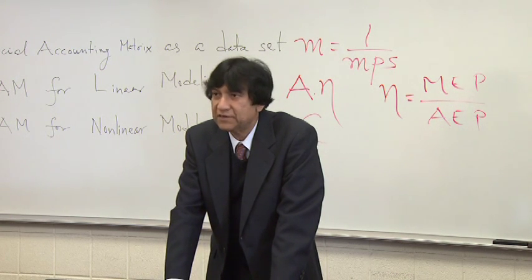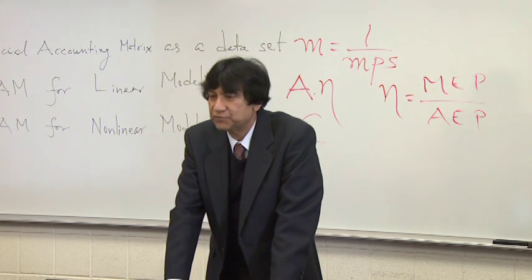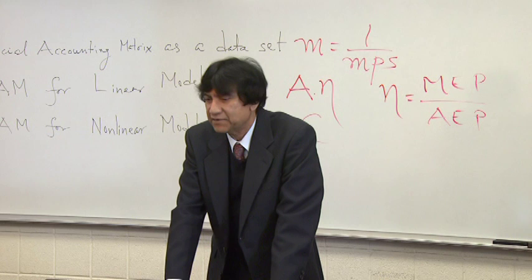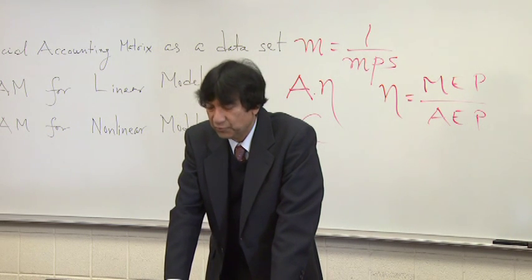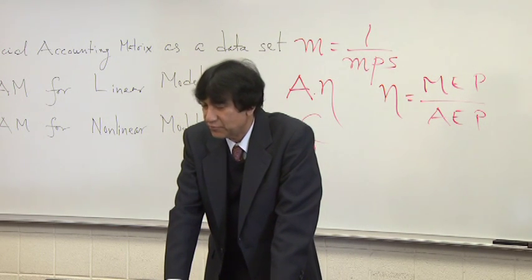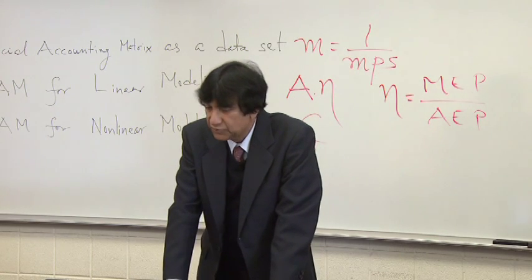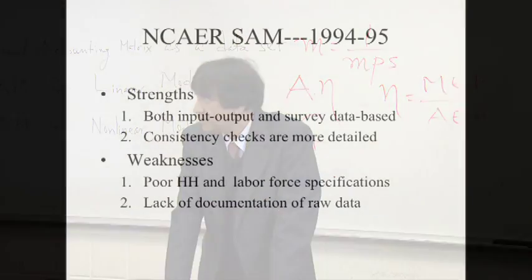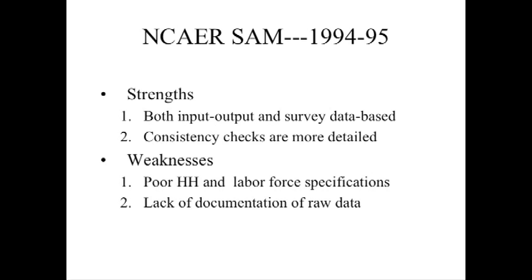In fact, Indian statistical offices were set up even before independence, but after independence, they had some really brilliant and competent people who managed these databases and extended them in many, many useful directions. Also, the consistency checks that I mentioned before are much more detailed in this SAM than in the former ad hoc SAMs.